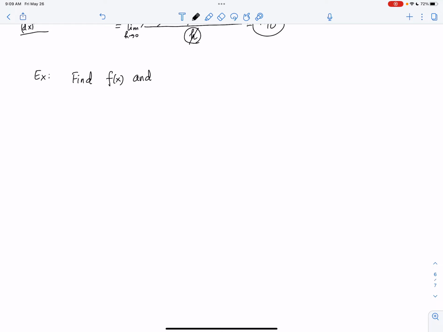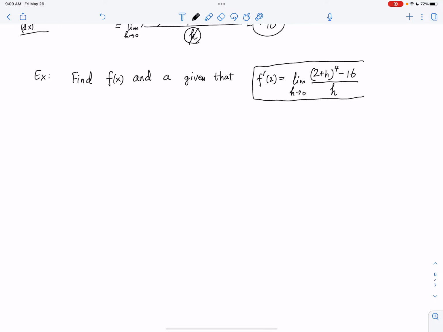Find f x and a, given that f prime 2 is equal to limit h goes to 0, 2 plus h to the fourth minus 16 over h. All right, so this is the derivative. You know this derivative at 2.